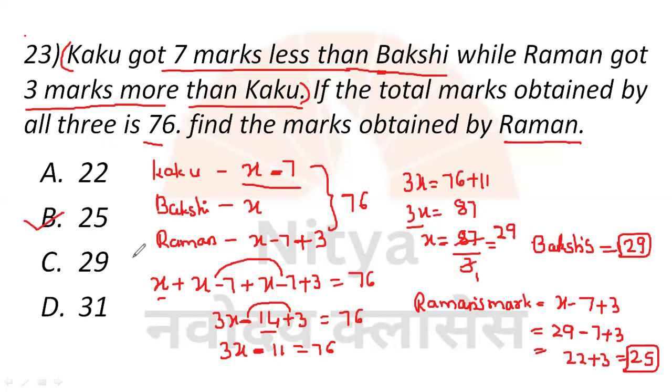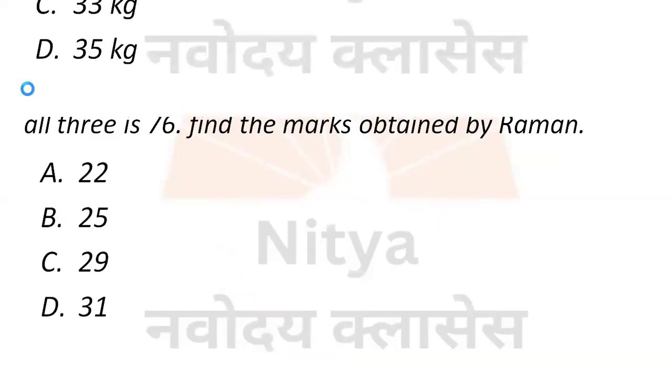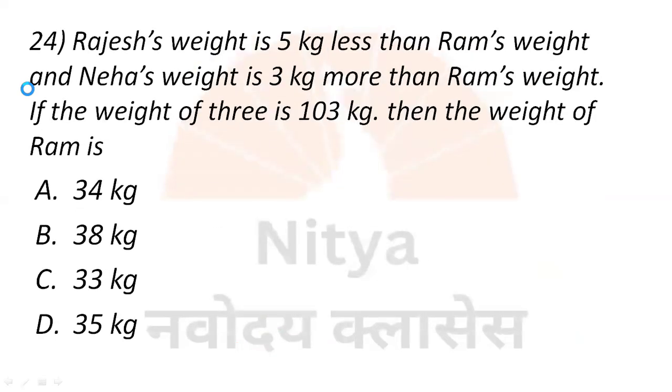Okay. So the next question. 24. Rajesh's weight is 5 kg less than Ram's weight, and Neha's weight is 3 kg more than Ram's weight. If the total weight of the three is 103 kg, then the weight of Ram is? See here, Rajesh's weight is 5 kg less than Ram's weight.